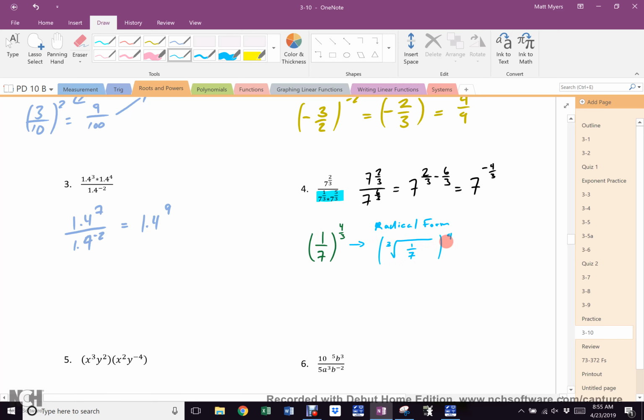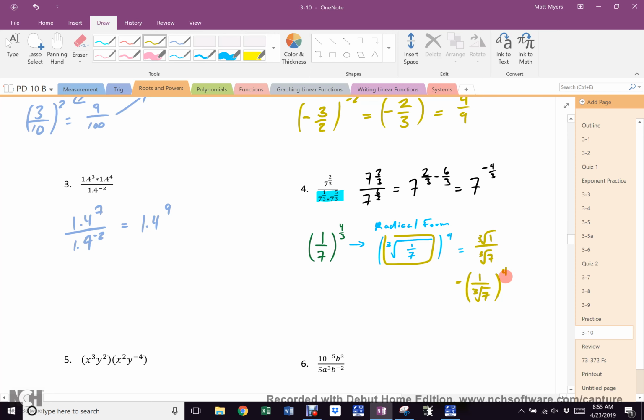Agreed? Now, what is this in here? This is the cube root of 1 over the cube root of 7, correct? What is the cube root of 1? 1 over the cubed root of 7 to the 4th power.